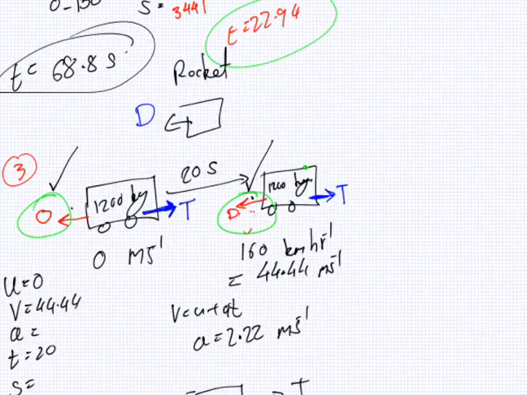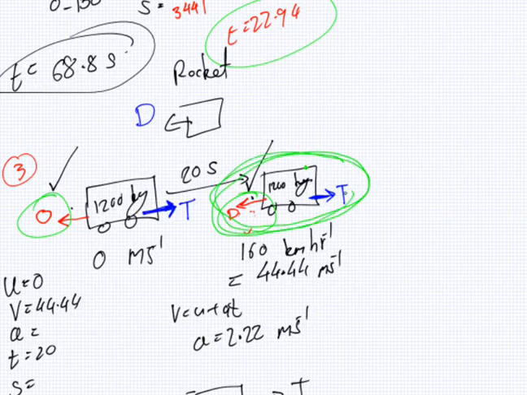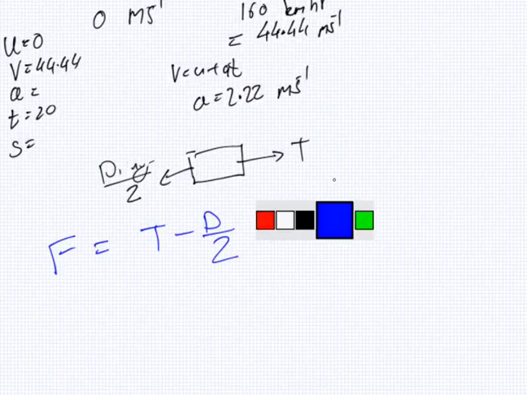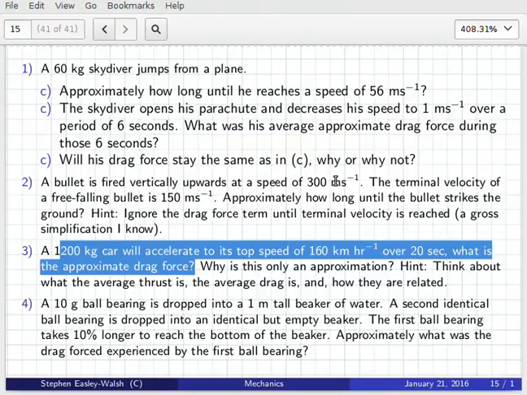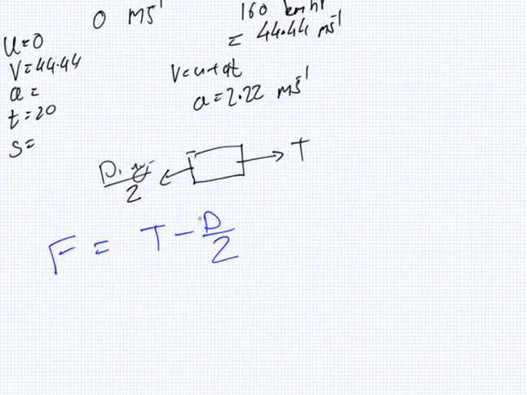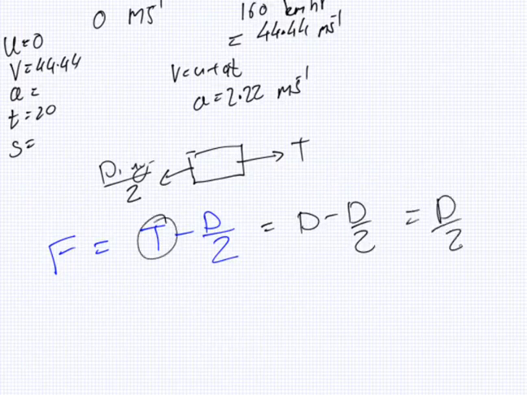Did you get 44.44 meters per second? Yes? Okay, so u is 0, v is 44.44, t is 20. I really want to know what the a is. Seems kind of small. 2.2, or 2.22, or 22.2?